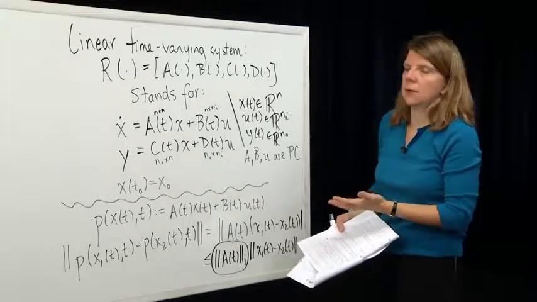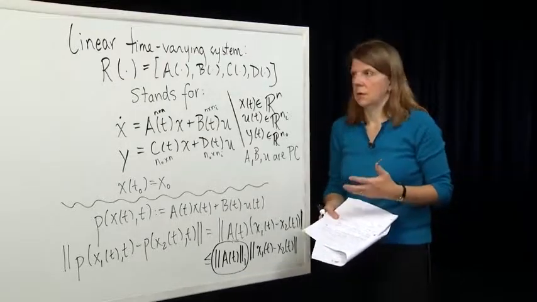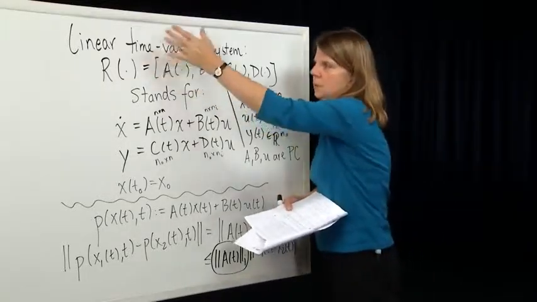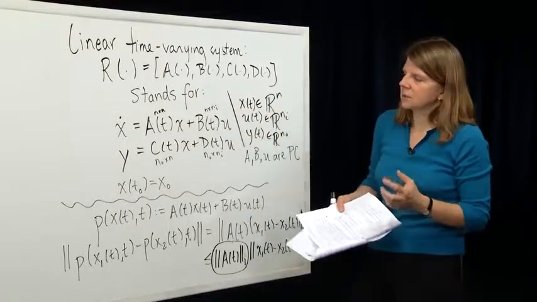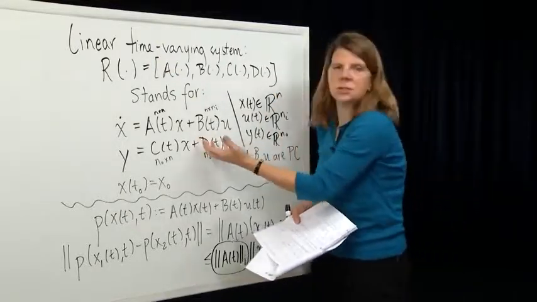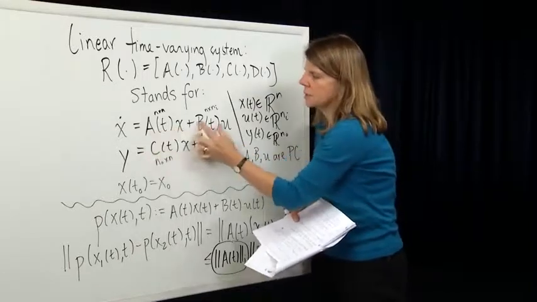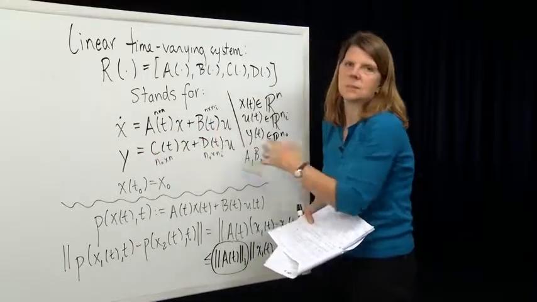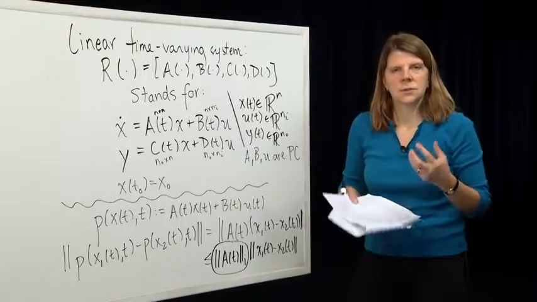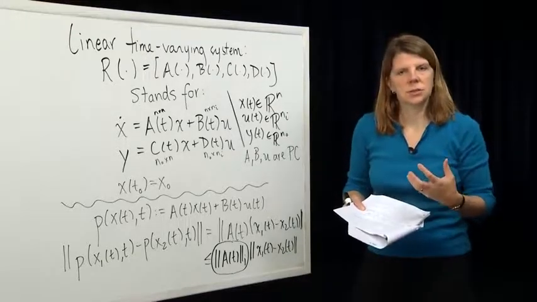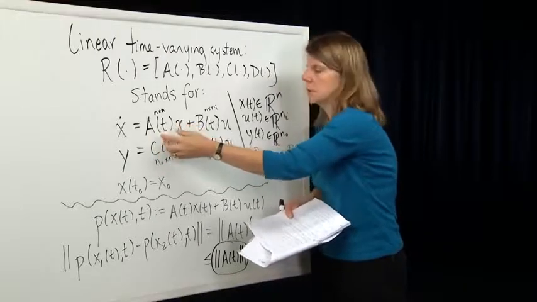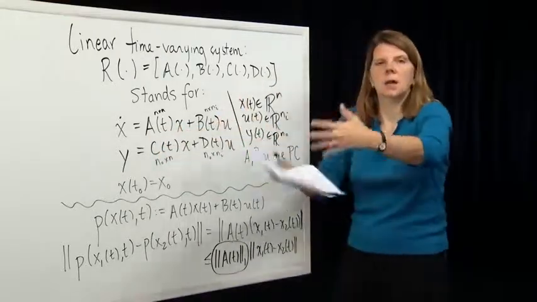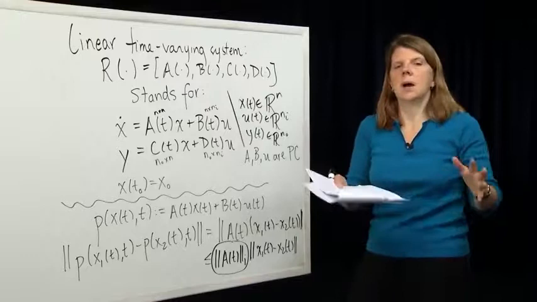I can tell you right now that it's not a time invariant system, because we said in the title that it's a linear time varying system. You can also see it in the definition of the system, that the matrices which define the system depend on time. So the system definition could change drastically from some initial time at time 0 to some later time, 100 seconds later or 2 hours later.